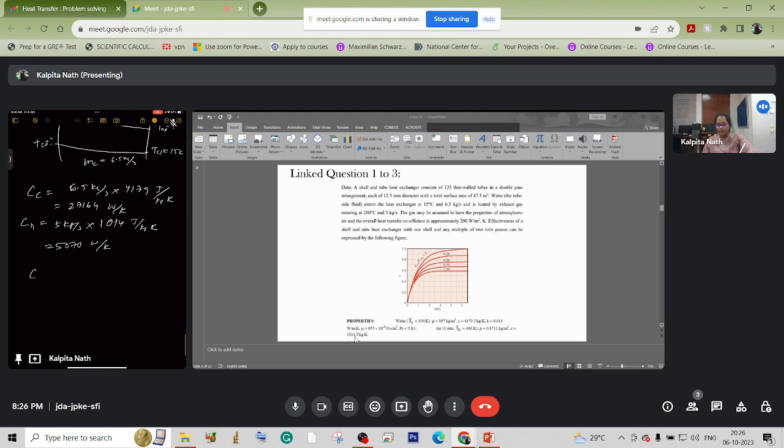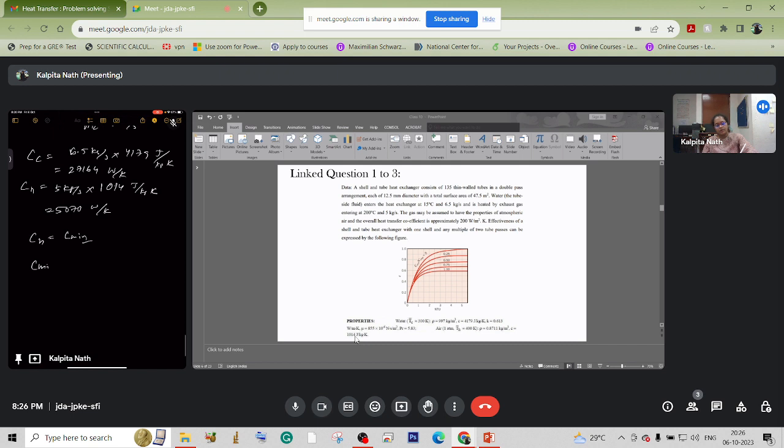Now CH, obviously between these two, the hot fluid heat capacity is the minimum heat capacity. This is C minimum, and now we need to find the ratio. So this is CH upon CC, 5070 upon 27164, so this is 0.19.